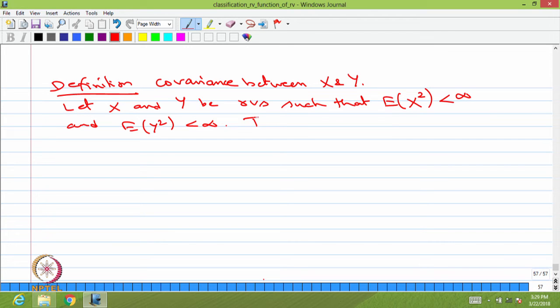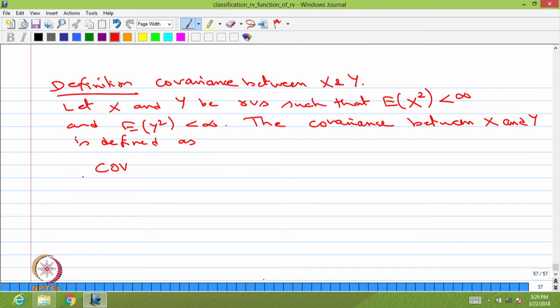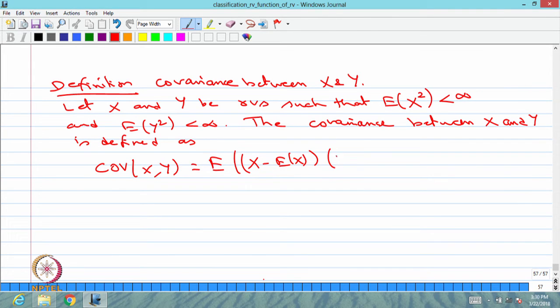Then we can define the covariance between x and y, the notation is COV x comma y, that is mu of 1 comma 1, that is expectation of x minus expectation of x multiplied by y minus expectation of y, where expectation of x is the mean of random variable x, expectation of y is the mean of random variable y.